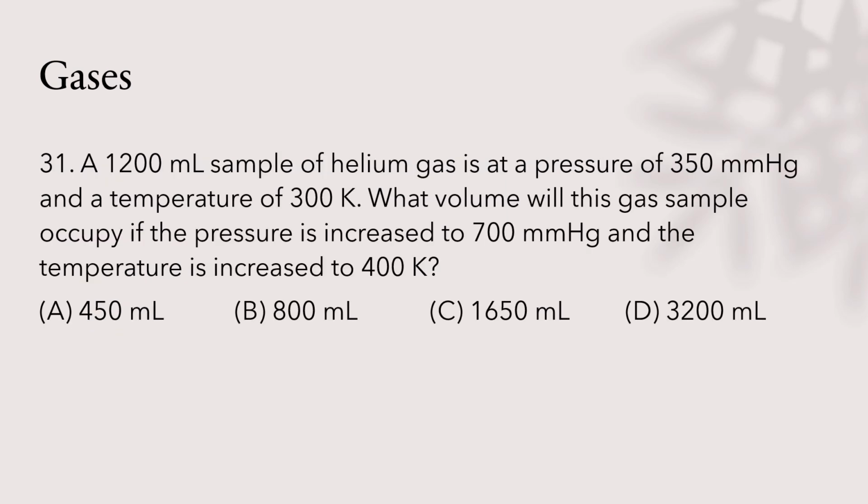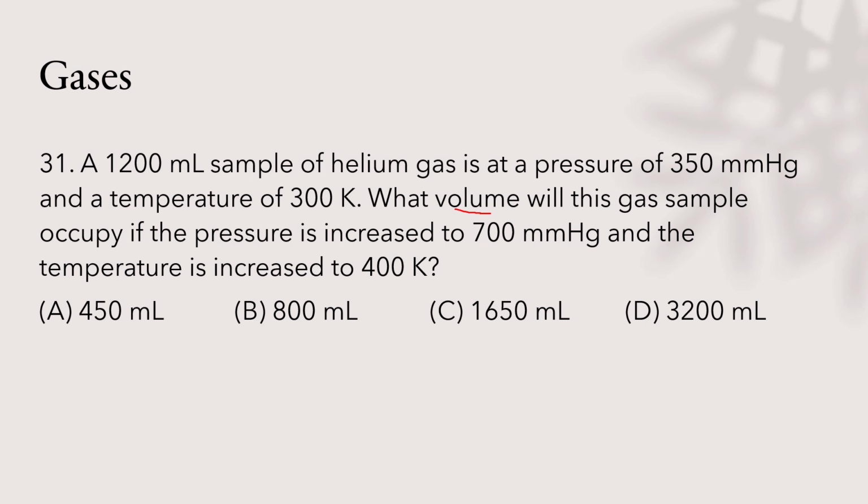So here is a gases calculation where you need to use one of the equations rather than just your knowledge of what STP means and the molar volume that occurs at STP. So for number 31, they're talking about a sample of helium gas, a 1200 milliliter sample at a pressure of 350 millimeters of mercury and a temperature of 300 K. Now they're saying, what would be the volume of the gas sample if the pressure changes, increasing, and the temperature changes, increasing?